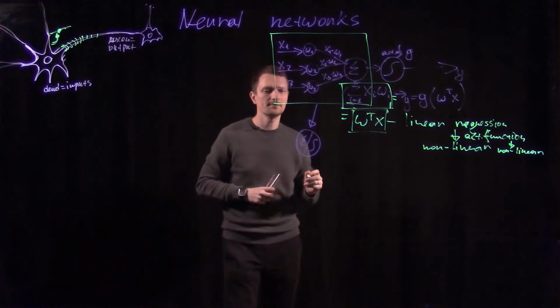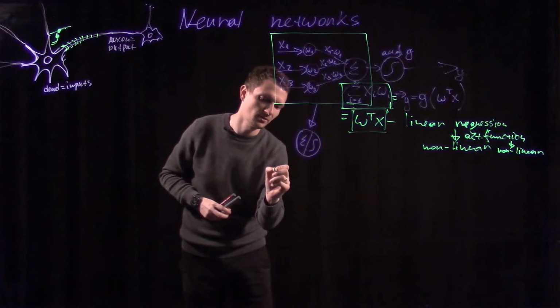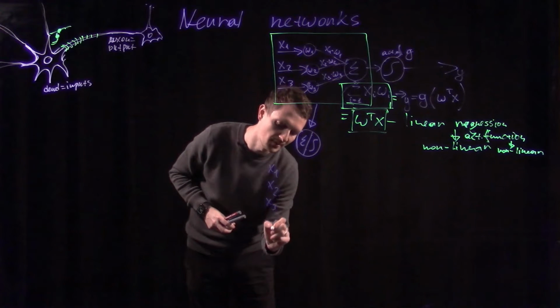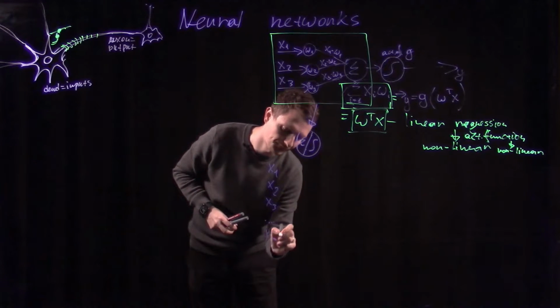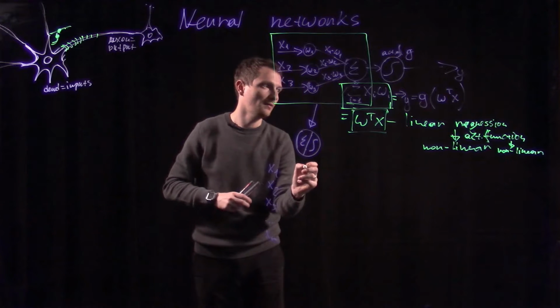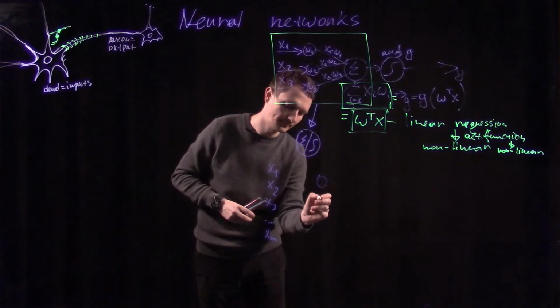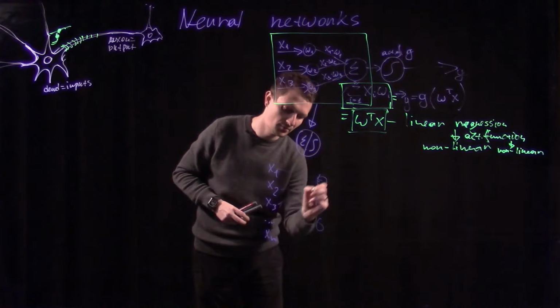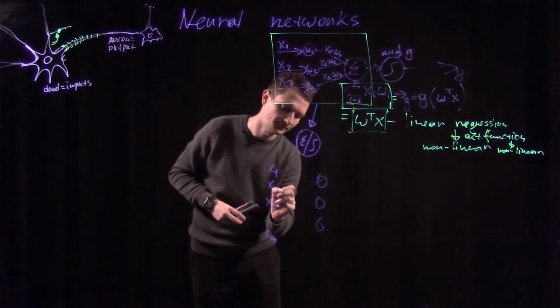This is a single neuron. We have our model, and we also have inputs, and there might be a lot of them. And you have your neurons, and every input goes to each neuron.